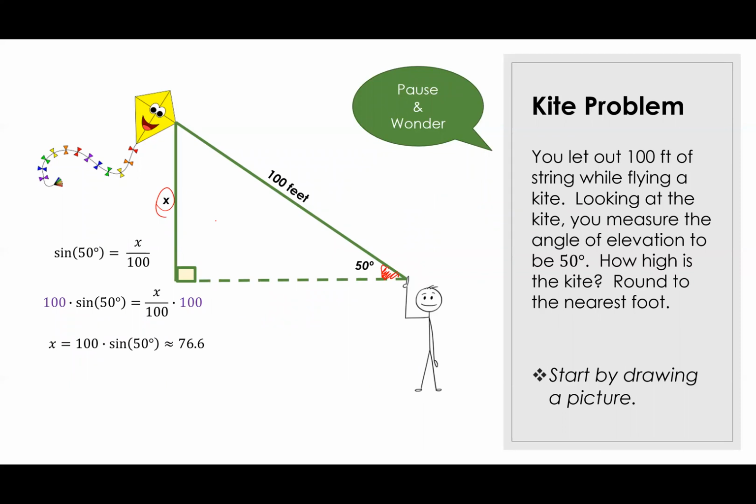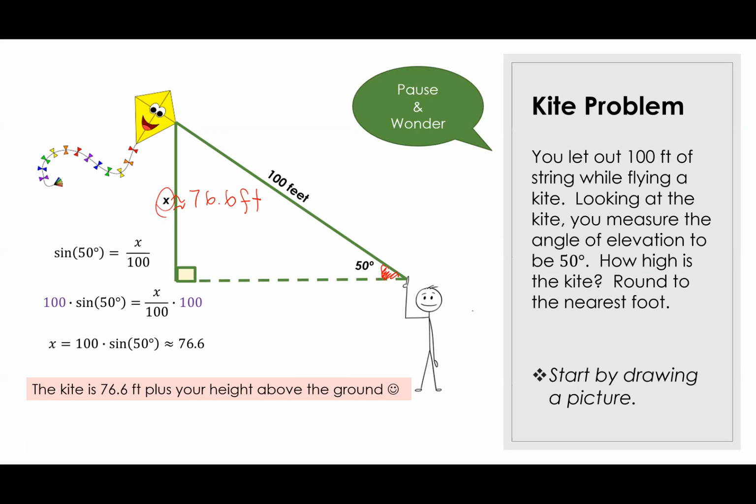You have approximately 76.6, being this length right here, 76.6. The unit is feet. Okay, so how high up is the kite? Well, the height of the kite is 76.6 feet plus whatever your height is, right? Because you're standing right here.